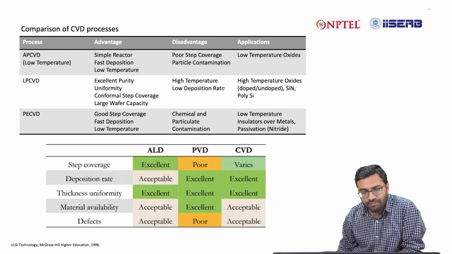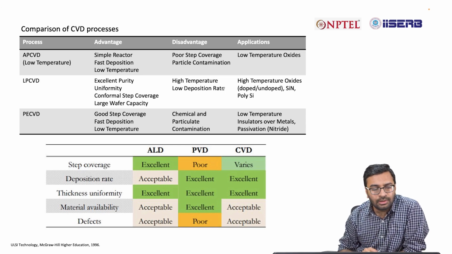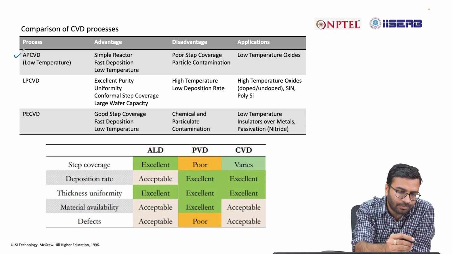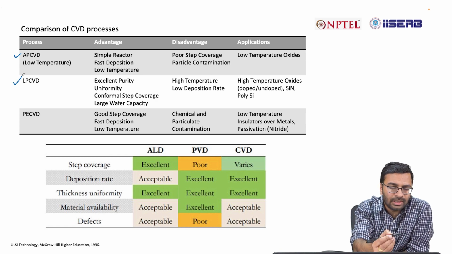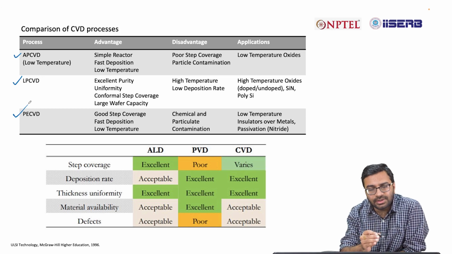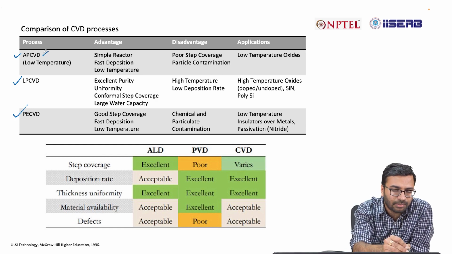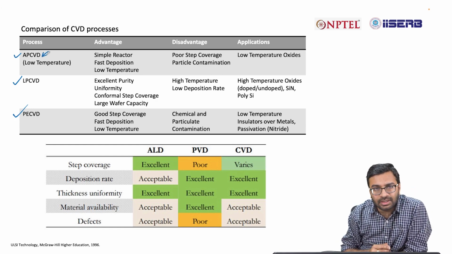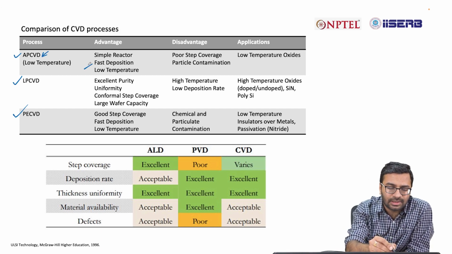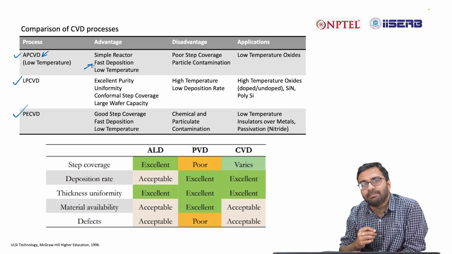Now, briefly we will see what are the different advantages and disadvantages associated with the CVD techniques that we have studied. So, we have studied atmospheric pressure CVD, we also have studied low pressure CVD, and we have seen what is plasma enhanced CVD. So, in case of atmospheric pressure CVD, it is comparatively low temperature process and the deposition is fast, and the reactor is simple.